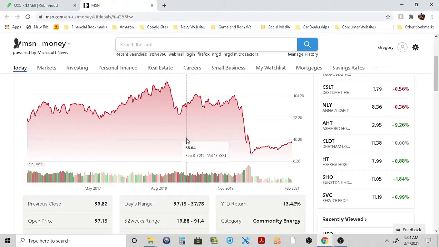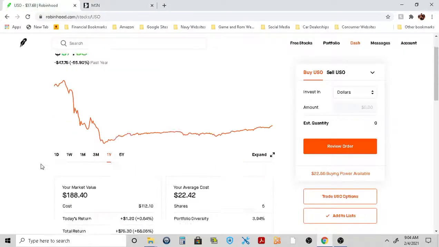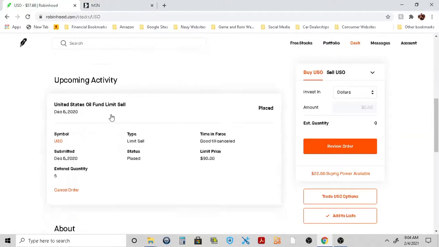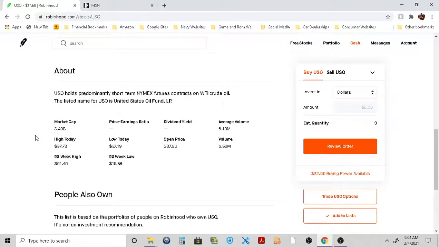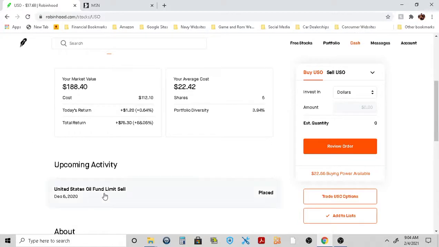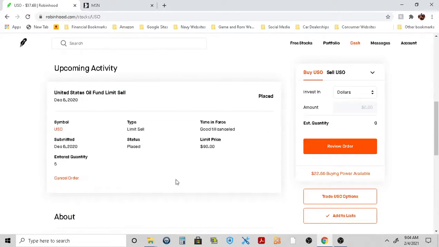So if it happens to push on into the $80, $90, $100 range this year, hey, I'll be extremely happy because I can go ahead and cash out. My current cash out for this particular fund is right around the $90 range. And I'll show you, actually that's wrong, but where are we at? Maybe that was right. Yeah, so limit price, $90. So we're going to sell at $90.